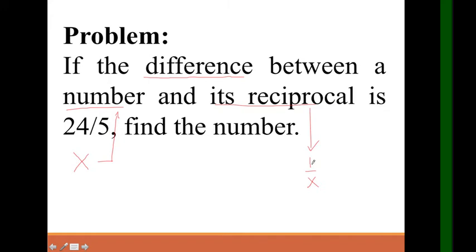Is 24 over 5. So, ibig sabihin, yung difference daw ng x and 1 over x is 24 over 5. So, we will find now that number, kung anong number kaya itong x na to, para makakuha tayo ng difference na 24 over 5.